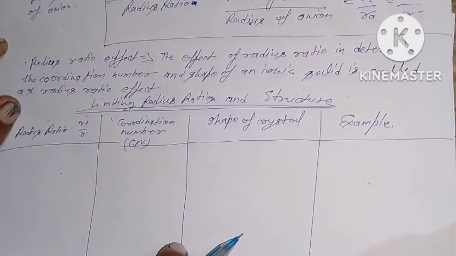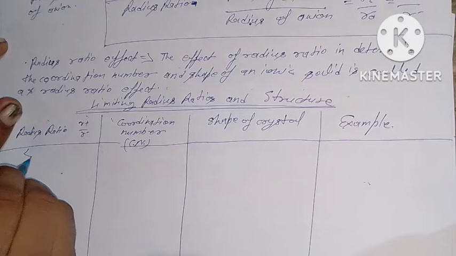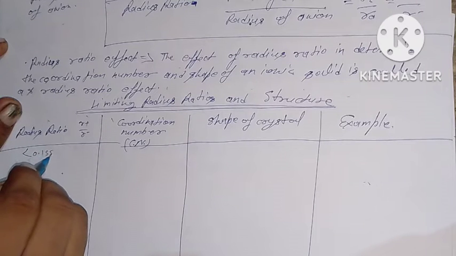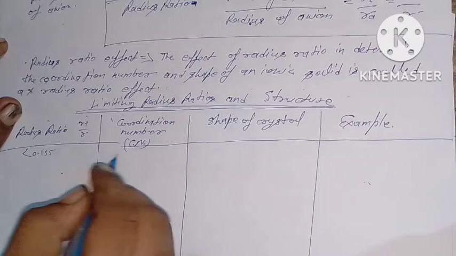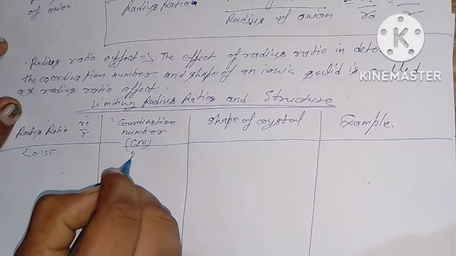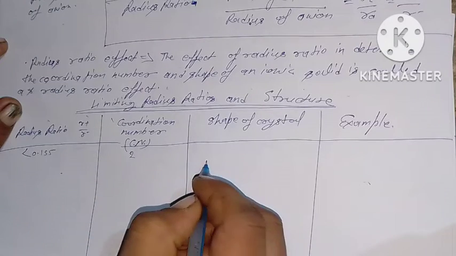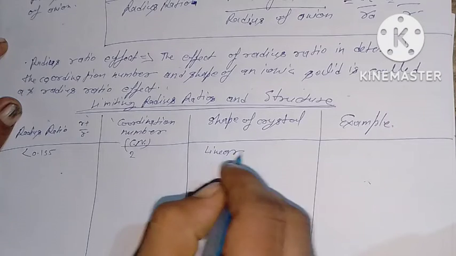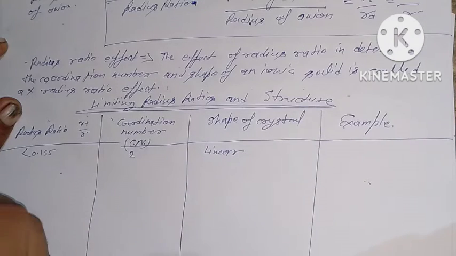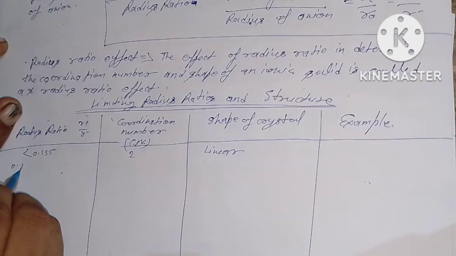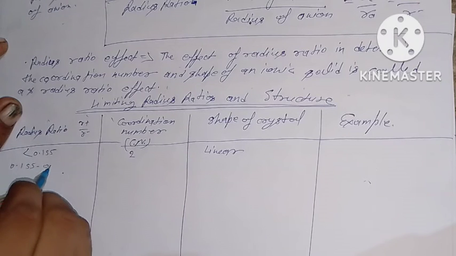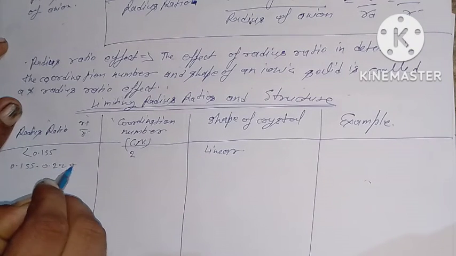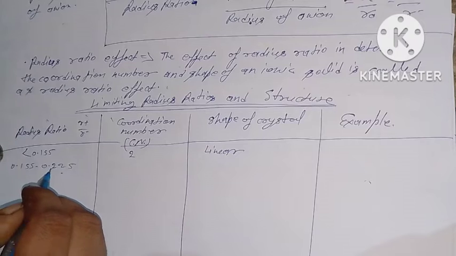Okay, radius ratio is less than 0.155. Then coordination number 2, and shape of the crystal is linear. Second, 0.155 to 0.225, this is the radius ratio number.